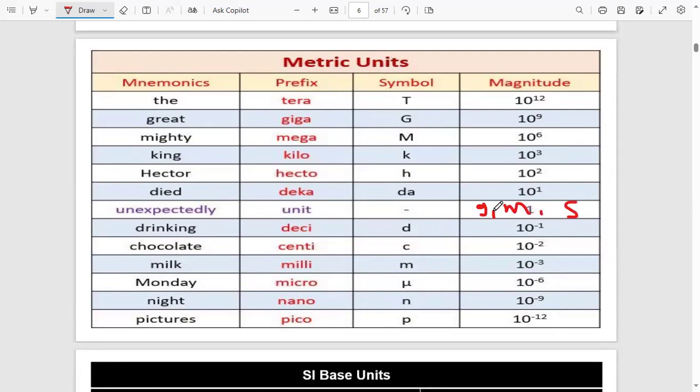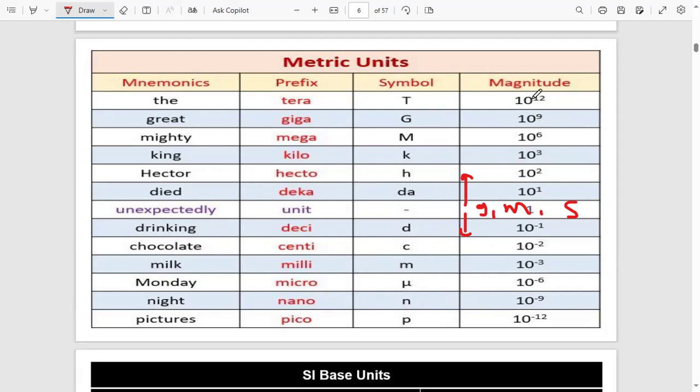If you are dealing with grams, it means you can convert this gram to all these sub-multiples that I have down here. I can also convert this gram to all these multiples that I have on top.